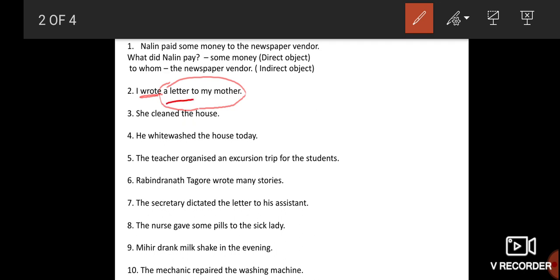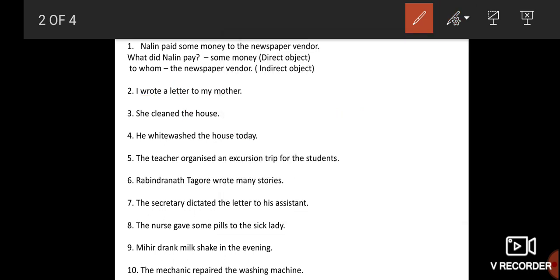A letter, it means what did I write? A letter. This is direct object and to my mother किसको लिखा? This is indirect object.